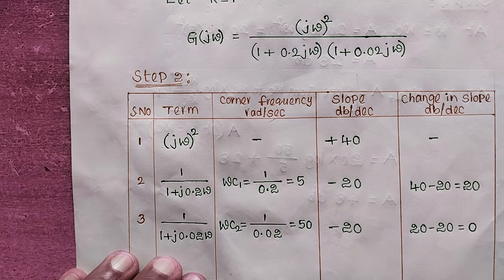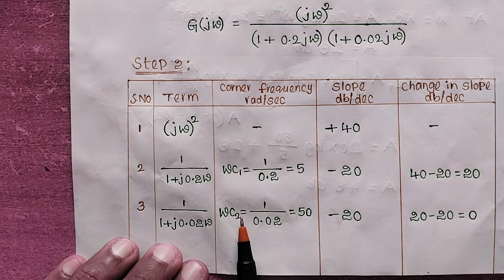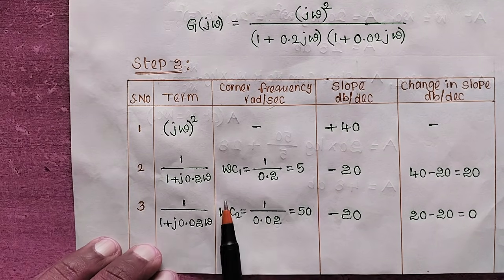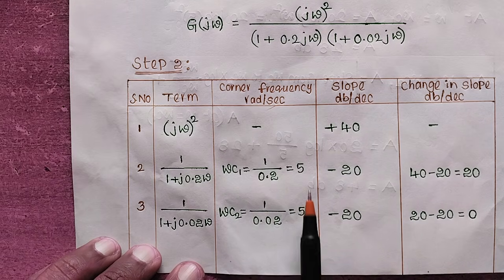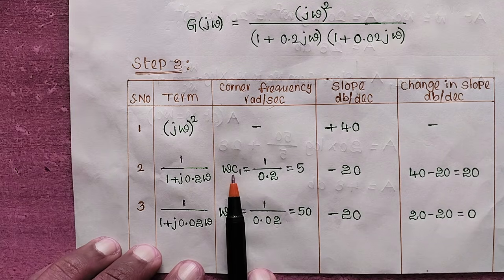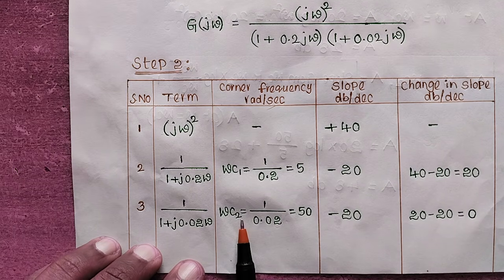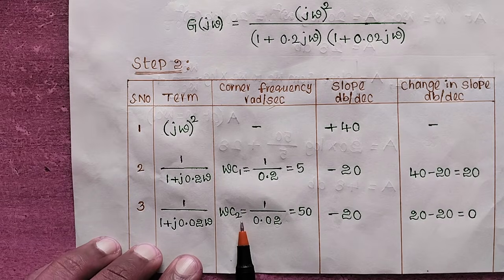Similarly, the second corner frequency omega c2 equals 1 by 0.02, which is 50 radians per second. This is the lower corner frequency and this is the higher corner frequency.